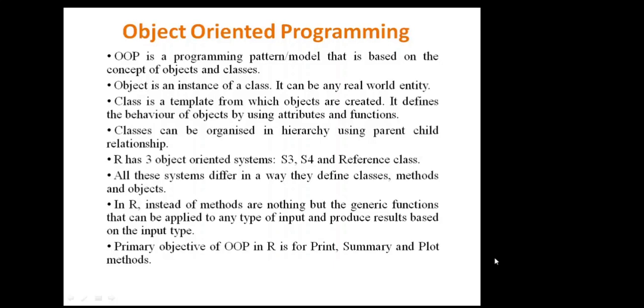All these object-oriented systems in R, S3, S4, and reference classes, differ in the way they define classes, methods, and objects. It means that in all these three systems, we have different ways to define classes, functions, and objects. The syntax of defining all these things is different in each of them.